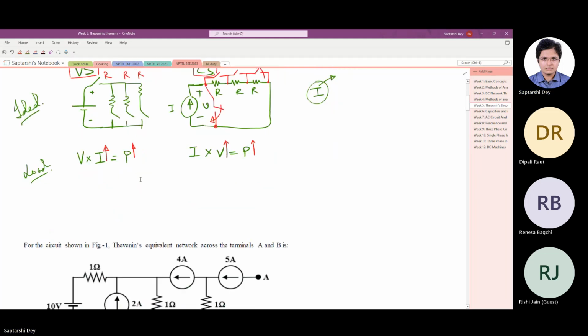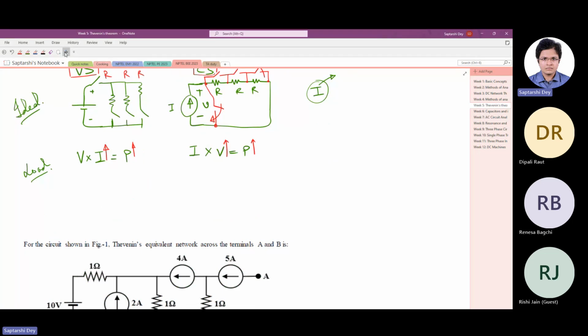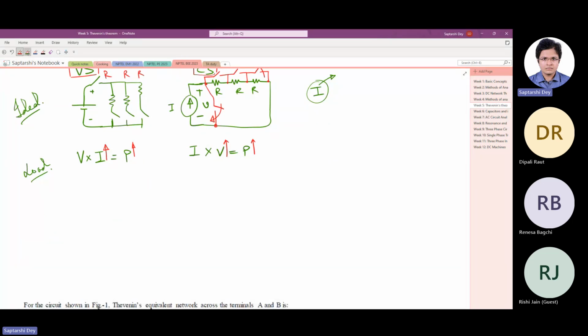Okay. Now we will look into the non-ideal case. Non-ideal voltage source: you already know that it is an ideal voltage source in series with a very small resistance like this.